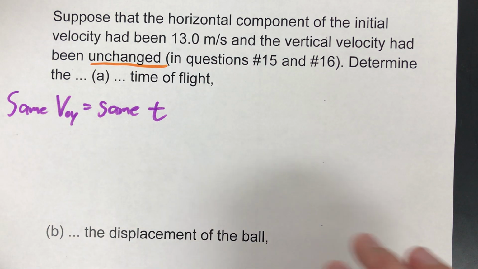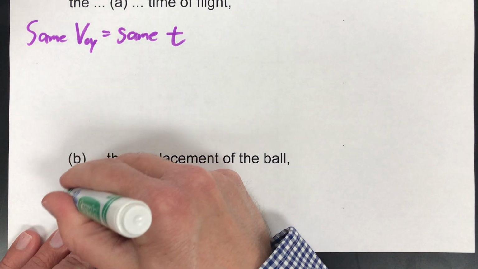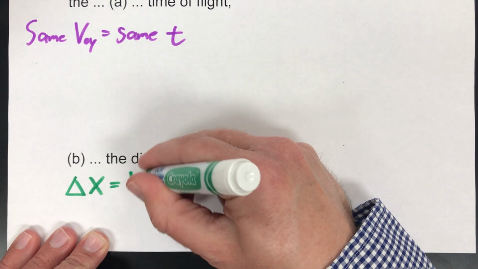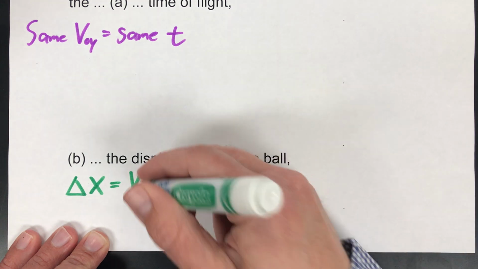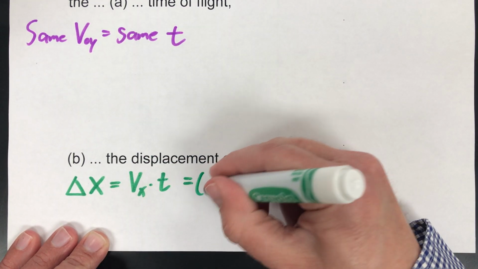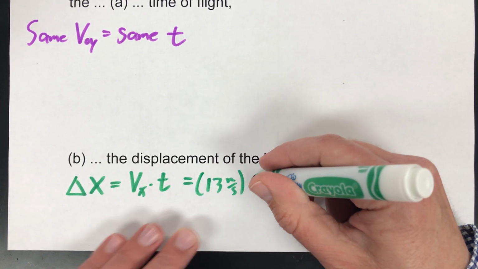Next question, it says, what about the displacement of the ball? This will change because our equation is that our displacement is our x velocity times our time. Well, our x velocity did change. It is now 13 instead of 8, so it's 13 meters per second times our time.